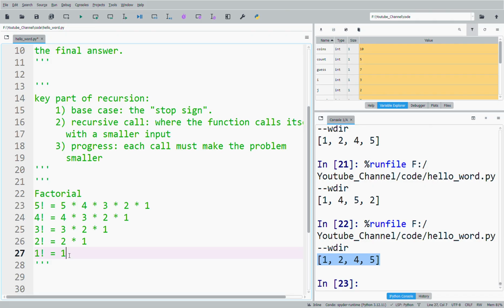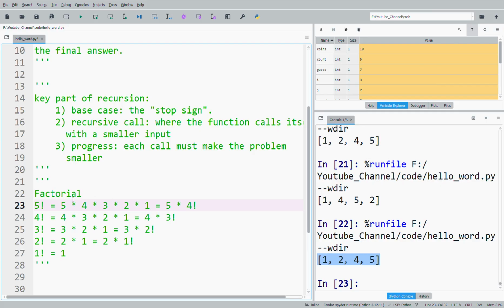So 2 factorial equals 2 times 1, which also equals 2 times 1 factorial. And 3 factorial equals 3 times 2 factorial. 4 factorial equals 4 times 3 factorial. 5 factorial equals 5 times 4 factorial.